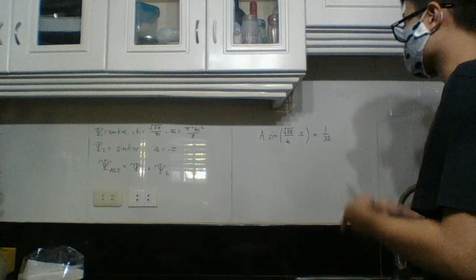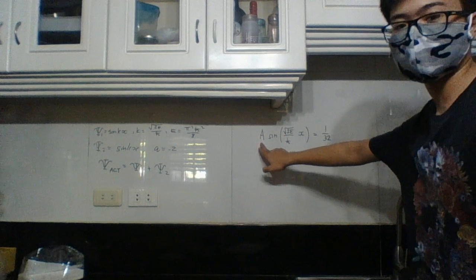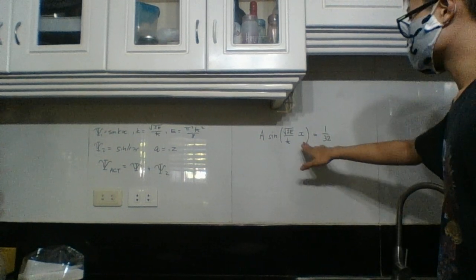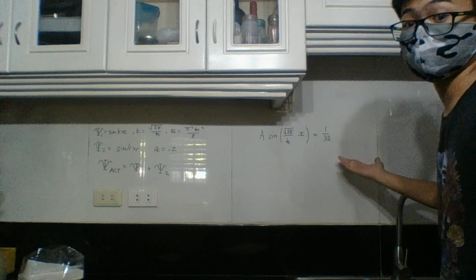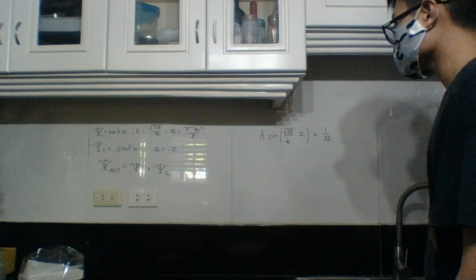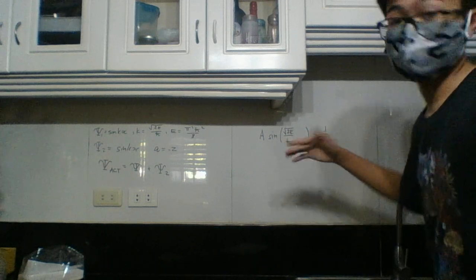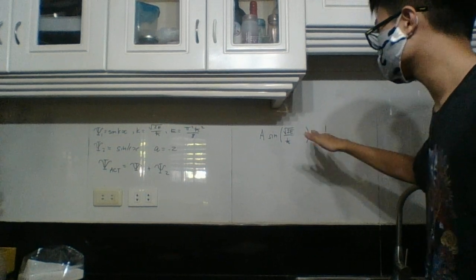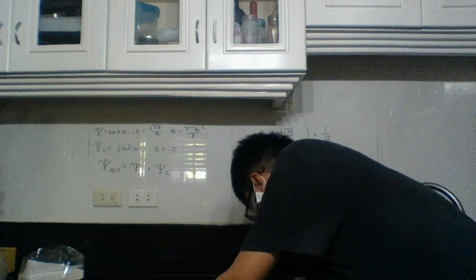So what we're doing here is modifying the function, or finding a scalar for the function, such that we have x values that have an output of 1 over 32. And you notice that pi x here is 2, because we want it such that at the output 2, this entire thing is 1 over 32. Okay?